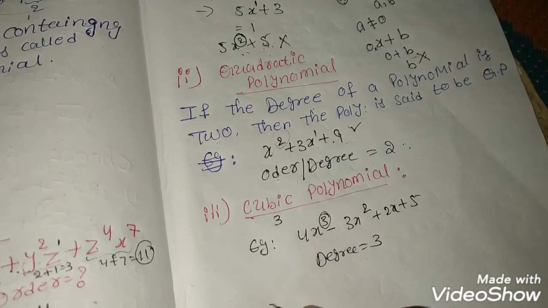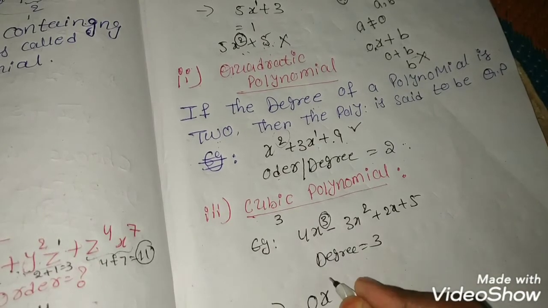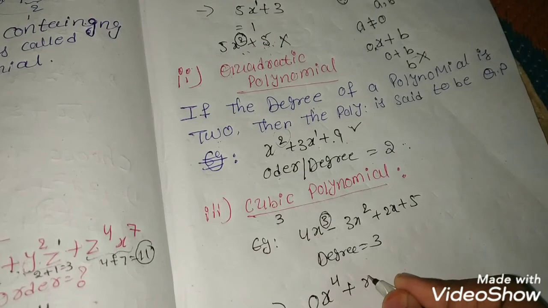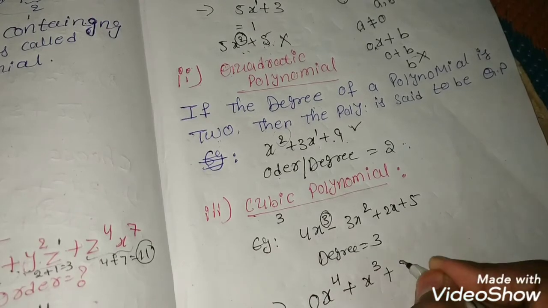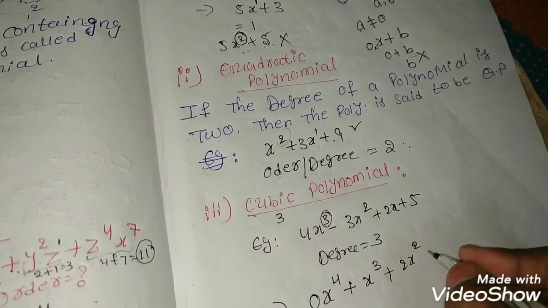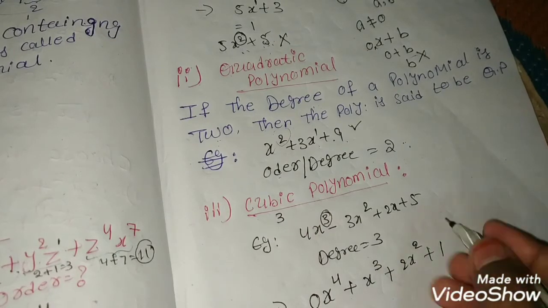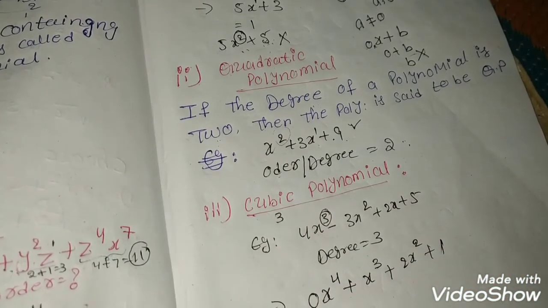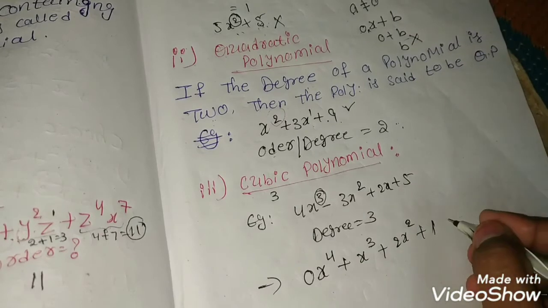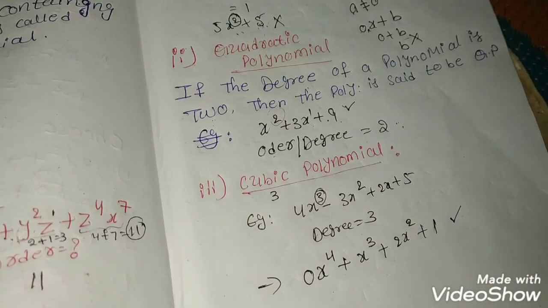Let's take an example. 0x power 4 plus x cube plus 2x square plus 1. Is this a polynomial? Yes, of course. This is a polynomial because we have an algebraic expression with non-negative integral powers.